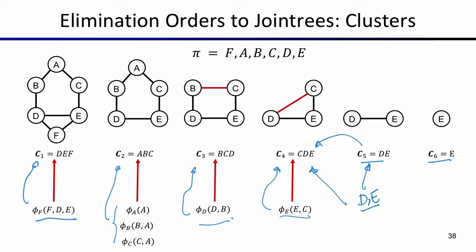And the same thing for here, right? If you have one factor that only mentions variable e, it's possible, but in this case, we can also put this factor here. So we don't need these two clusters, and I'm going to eliminate them as a post-processing step in the algorithm that generated the clusters.